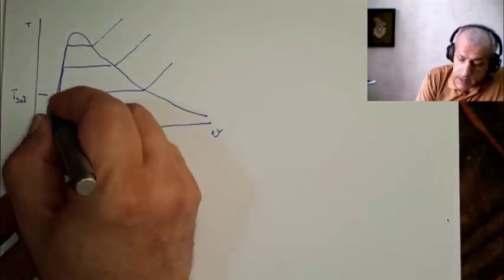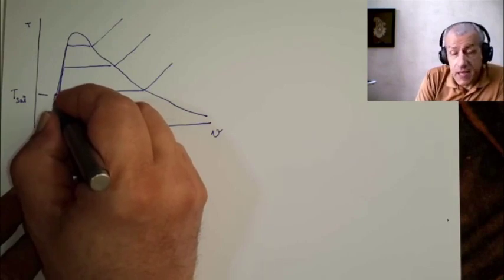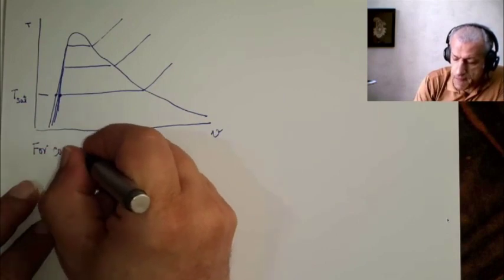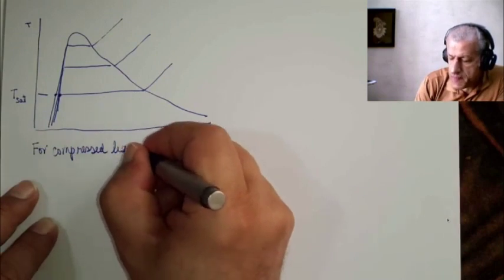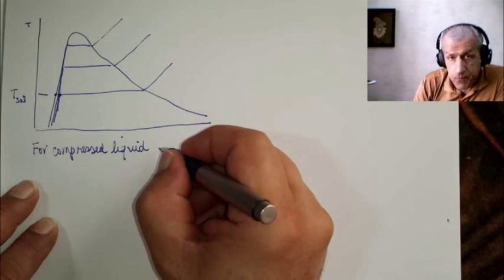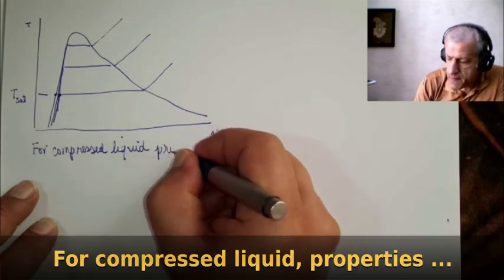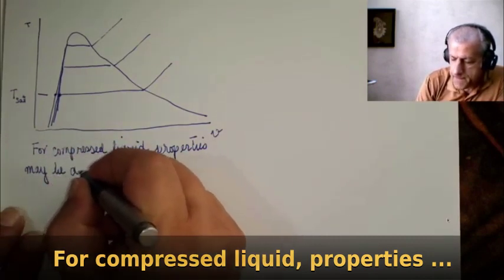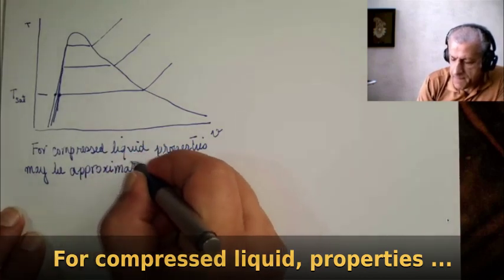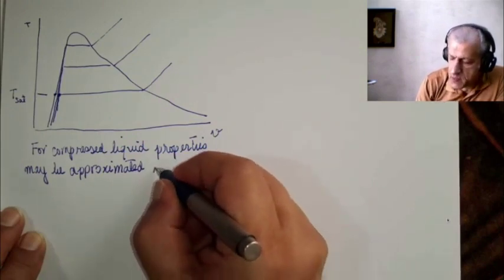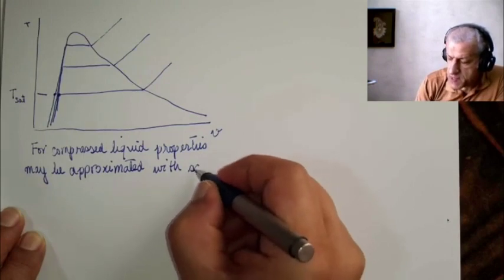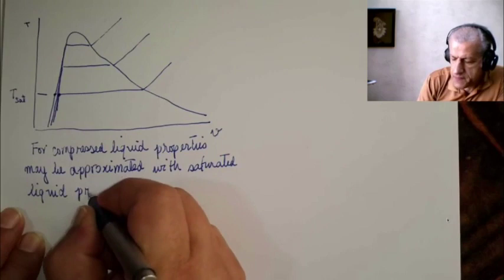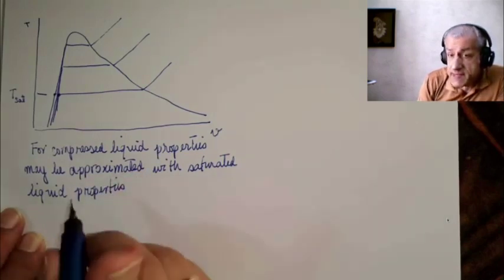So for points on the compressed liquid zone, compressed liquid properties may be approximated with saturated liquid properties with the same temperature.